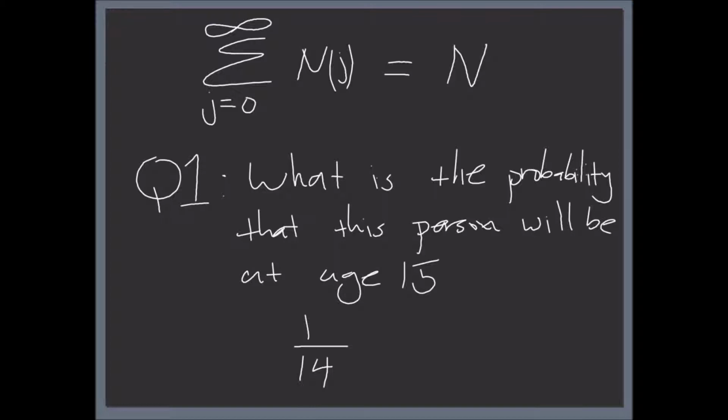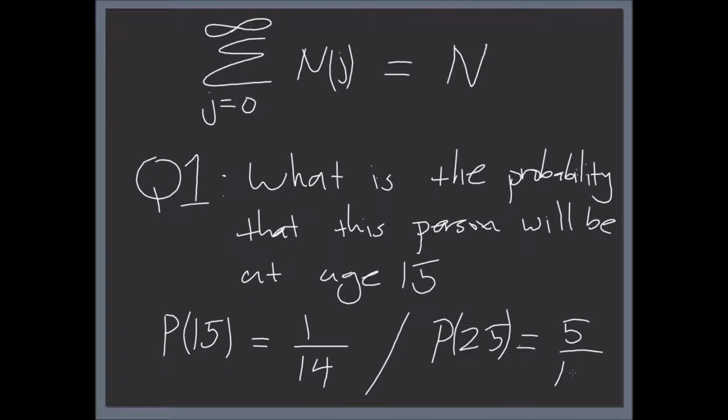So this question here, mathematically, we're gonna write it as P of 15. So P for probability. The probability that we're gonna get to age 15 is 1 out of 14. So P of 25, this should be equal to what? 5 out of 14, right?